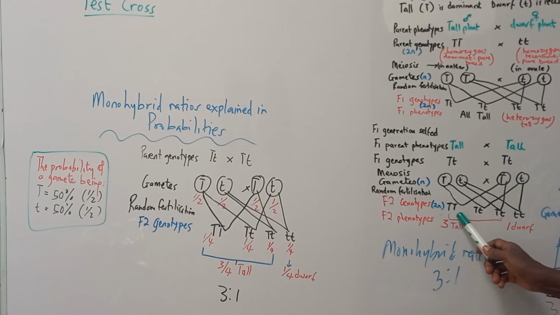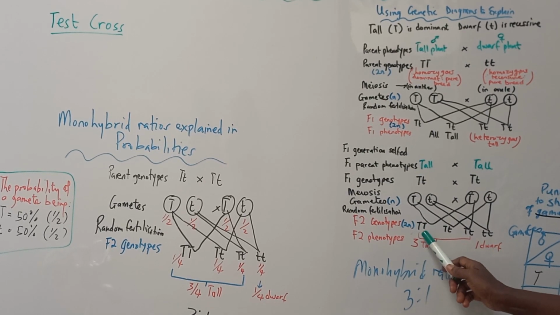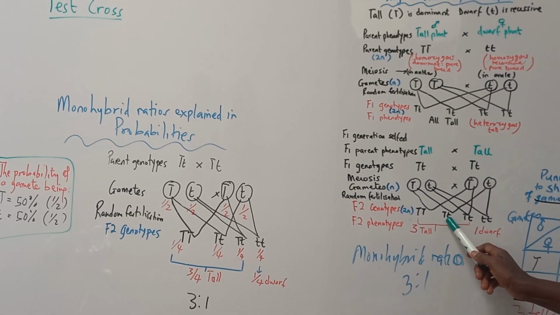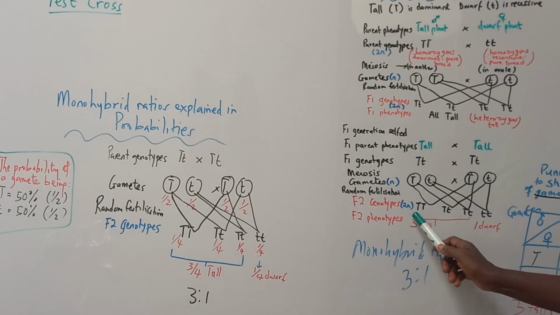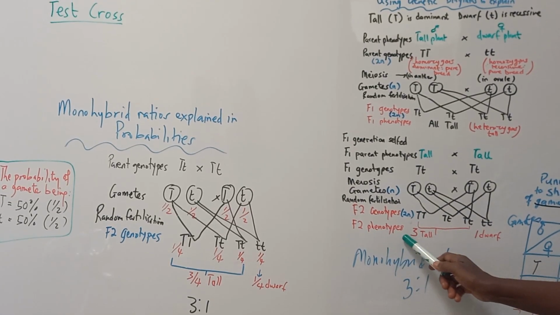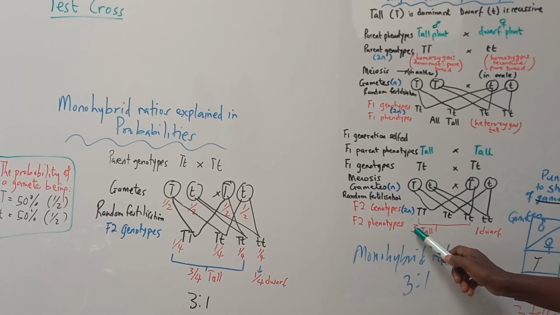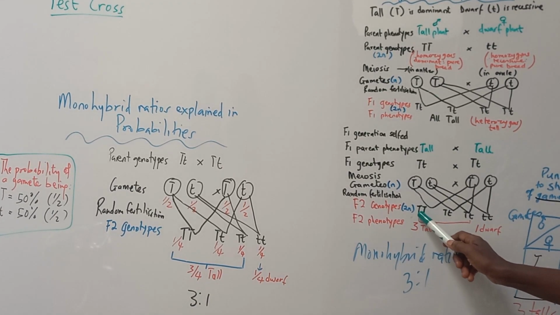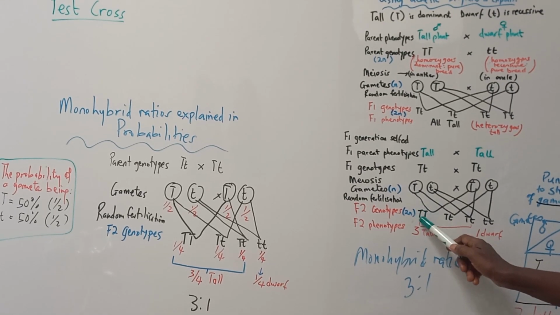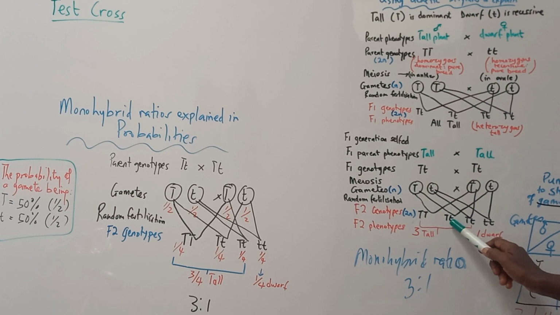These F2 individuals we have here, big T big T is tall, big T small t is tall. They are all tall. Phenotypically they are all seen as tall, but one does not know whether it's a tall homozygous character or a tall heterozygous character.